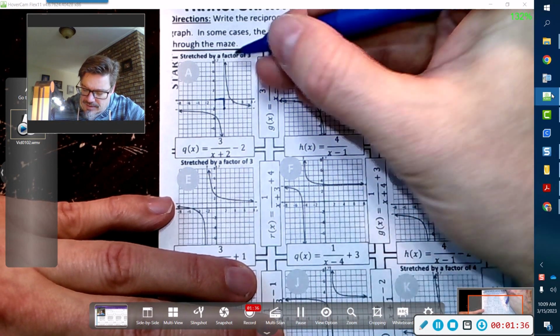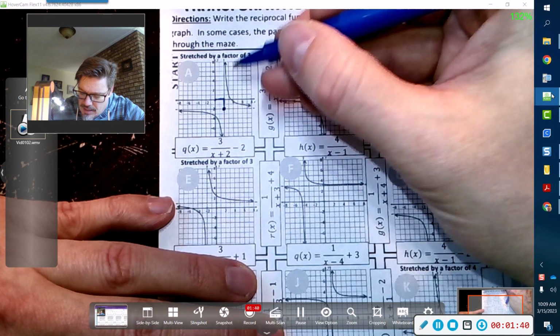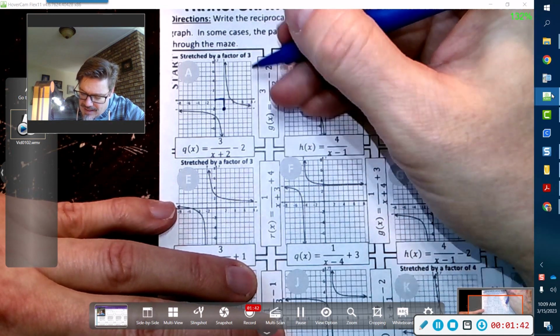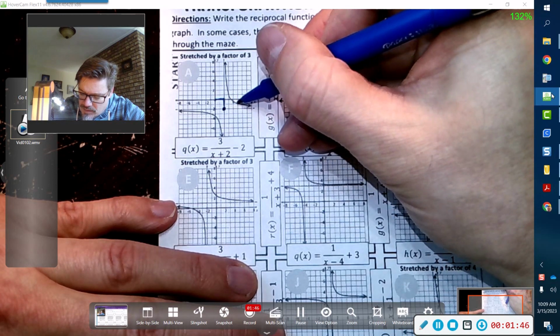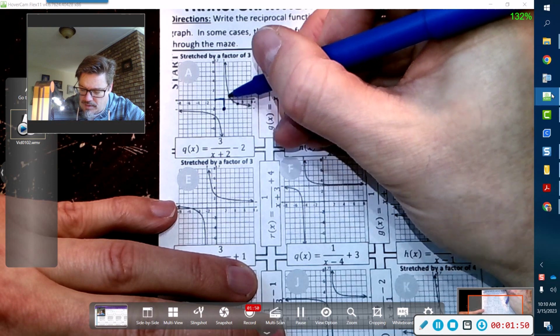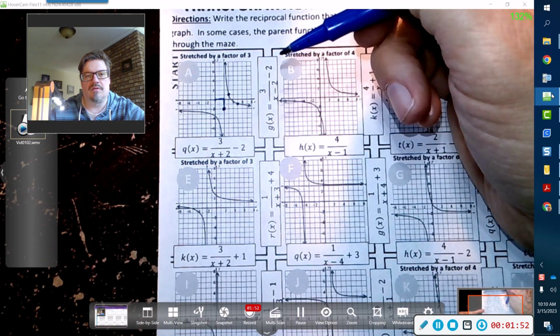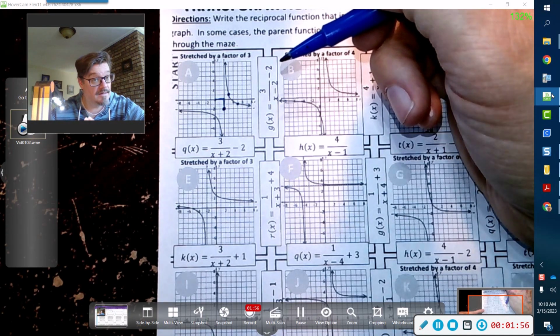What I'd also like you to point out is that this is the center. So if you looked at this right here, if this is the center, you went over 3 up 1, and if you went up 1, you went over 3. If I multiply those two coordinates together, I'm going to get 3. So that's a stretch.